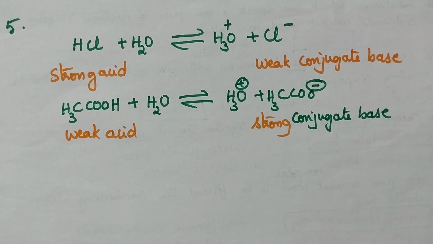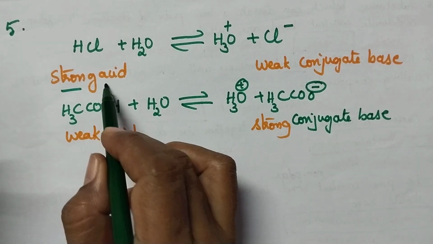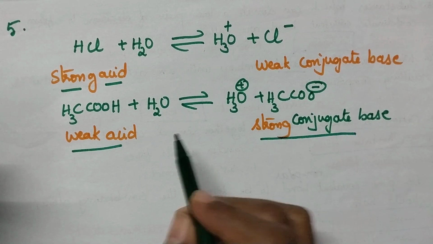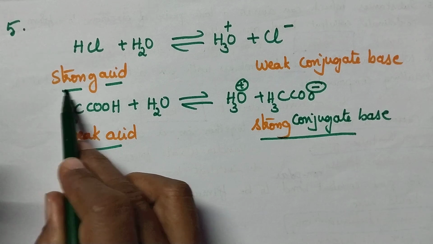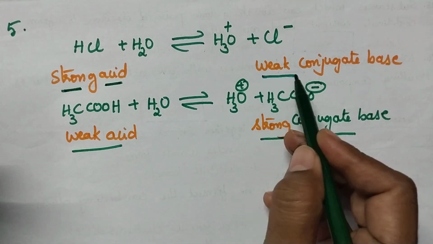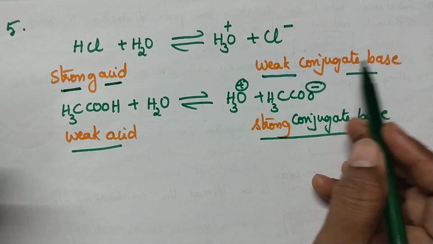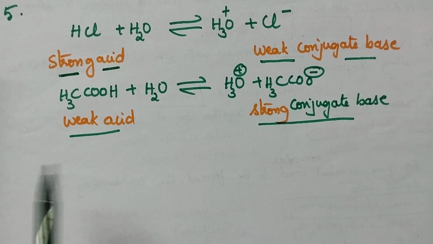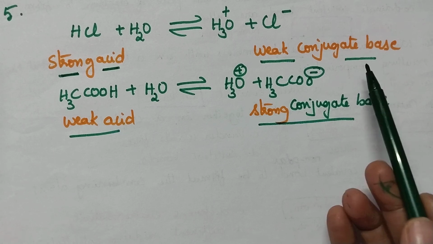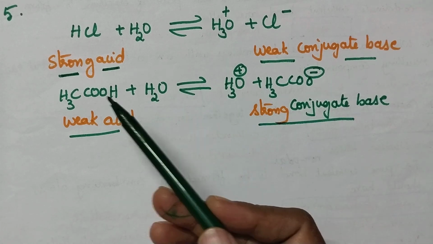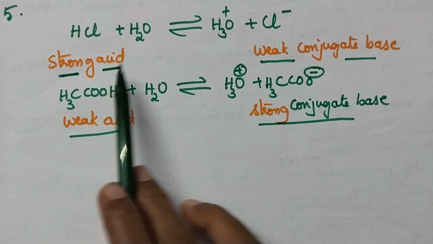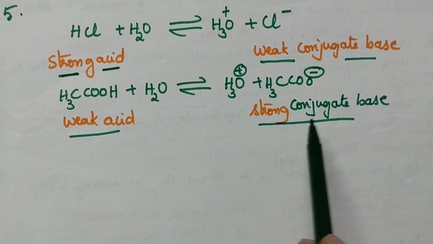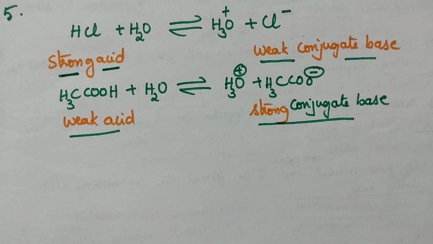So from the weak acid, it results in the formation of a strong conjugate base, whereas from the strong acid, it results in the formation of a weak conjugate base. Is it clear about the nature of the conjugate base formed from acids? Strong acid gives weak conjugate base, whereas weak acid gives strong conjugate base.